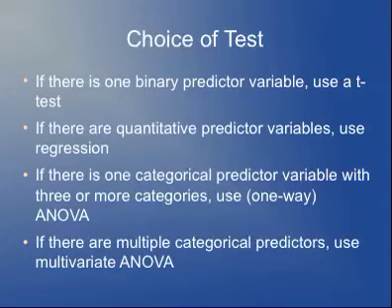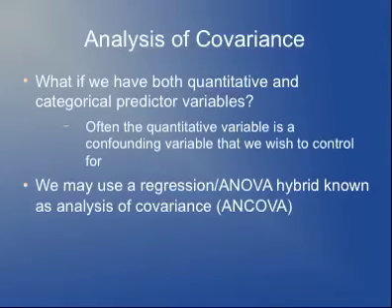If there's a categorical predictor with 3 or more categories, then you can use one-way ANOVA. If you have several categorical predictors, then you can use multivariate ANOVA. Today we'll consider a hybrid of analysis of variance and regression that's sometimes called analysis of covariance.